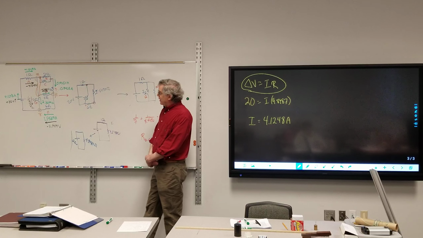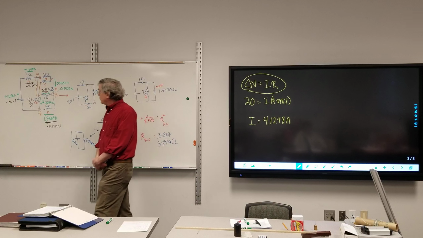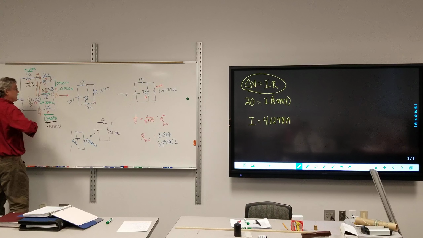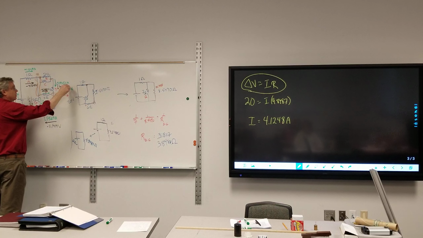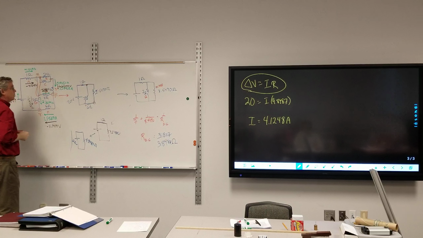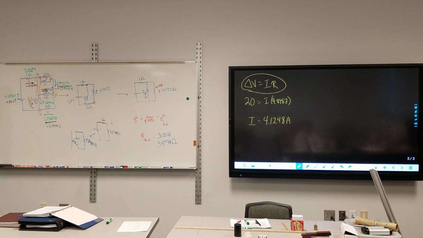Okay, then what is the voltage across D? 3.6404 volts. We just have 2 resistors left.